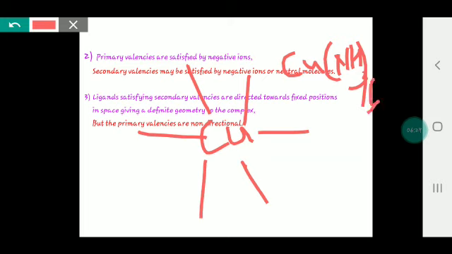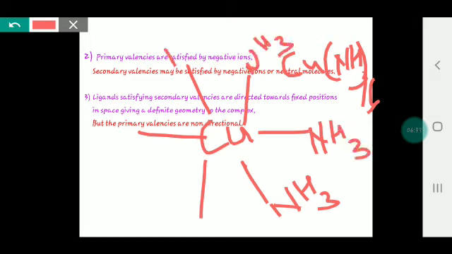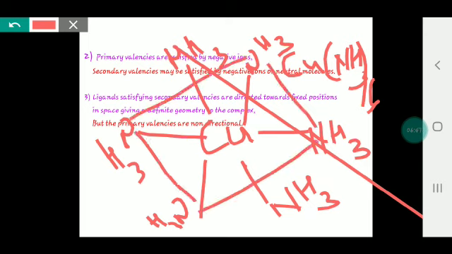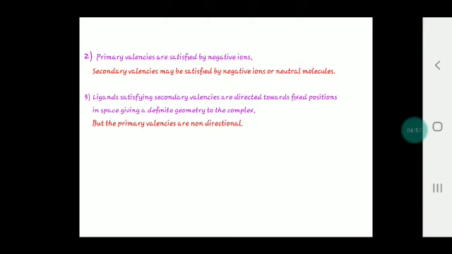Then hexaamminecopper: in this case the total number of ammonia ligands is 6, and this forms an octahedral structure. This is how they give a definite geometry to the complex.